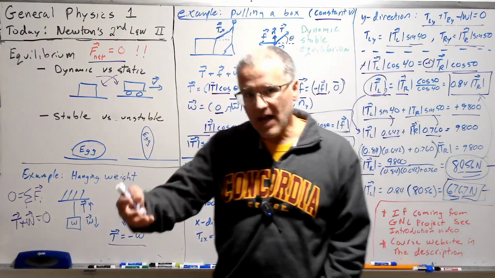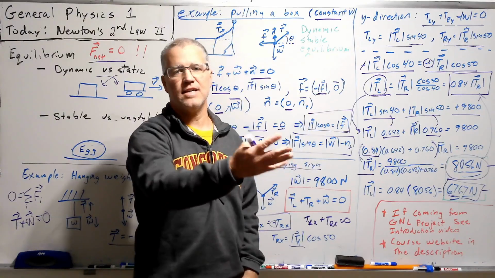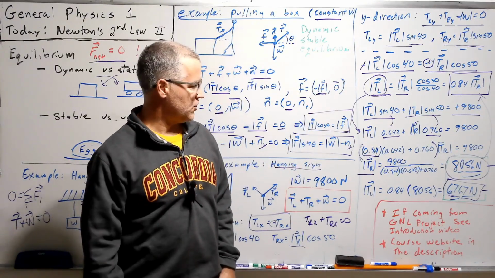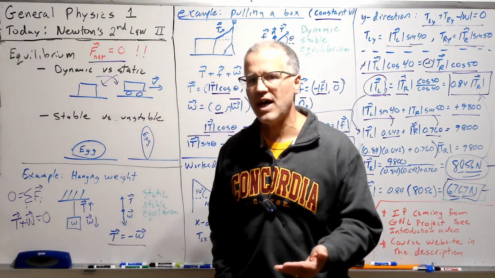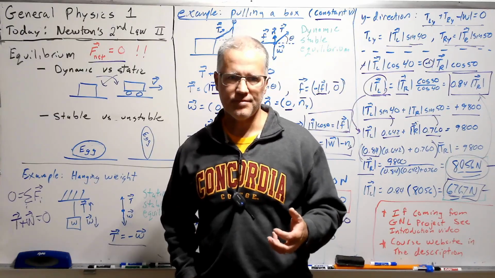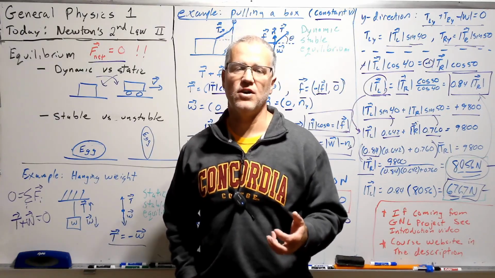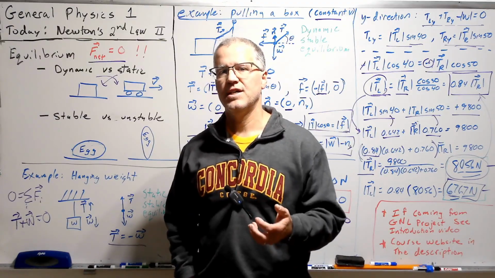So we have utilized the equilibrium condition to find these values. If we were to plug these values back in, then we would get an equilibrium condition. Okay, so that's it for utilizing equilibrium to determine values of each of the forces involved in the total net force being equal to 0.